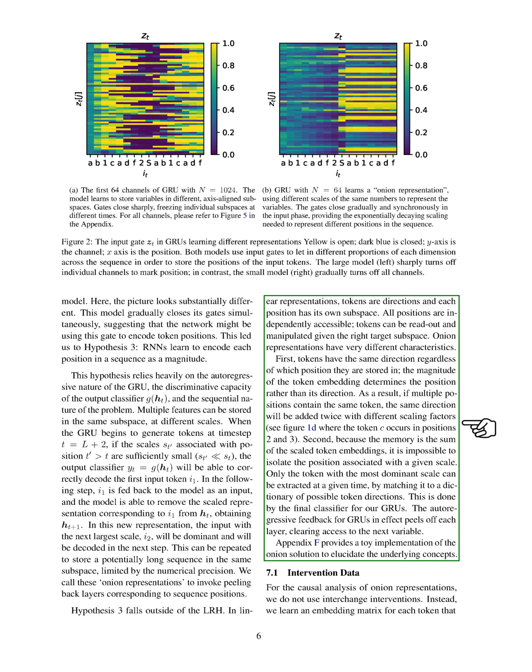Moreover, since the memory is a sum of scaled token embeddings, isolating the position linked to a specific scale is impossible. Only the token with the highest scale can be extracted at any time, matched to a dictionary of token directions by the final classifier. The autoregressive feedback in GRUs effectively peels off each layer, granting access to the next variable. We provide a simple implementation of the onion solution in the appendix to clarify these concepts.